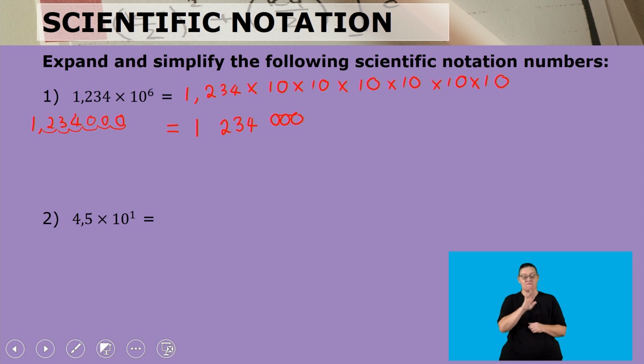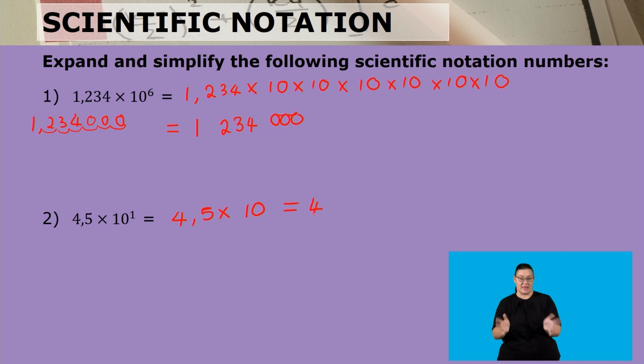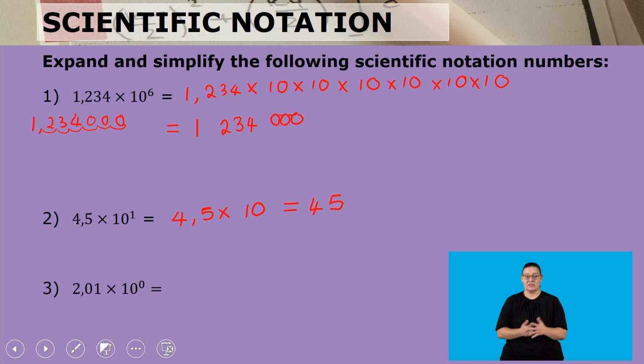Now we have the 4,5 multiplied by a 10 exponent 1. So that just means we have 4,5 and we are multiplying it by 10. So 4,5 multiplied by 10, that is a simple 45. This next one is 2,01 multiplied by 10 to the exponent 0.